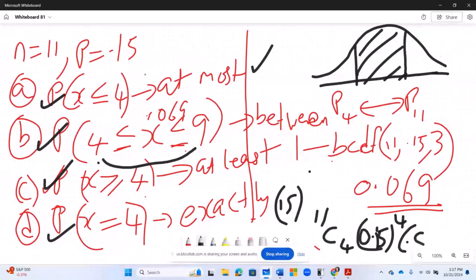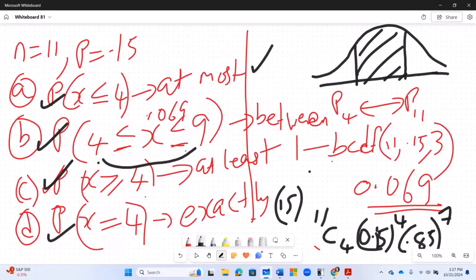So 0.85 to power 11 minus 4, if I subtract 4 from 11, I have 7. Okay, so that's actually what I'm evaluating. Another way I can do it is just get into my calculator.